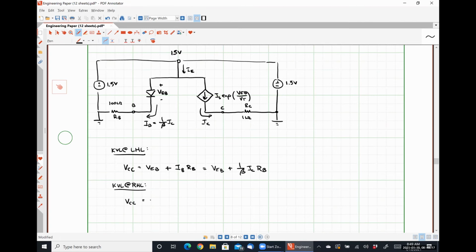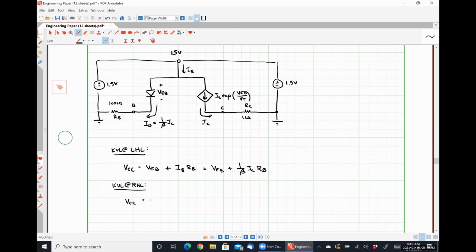I do to an extent, and let me explain what I mean by that. What's the nodal voltage at the top terminal? VE, which is 1.5 volts for sure. But then the voltage at the other terminal is simply VC. So it's VEC, which we know is exactly the same as VEB because this guy is on the edge of saturation.